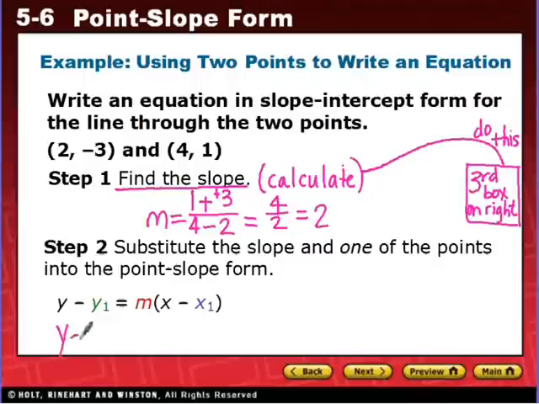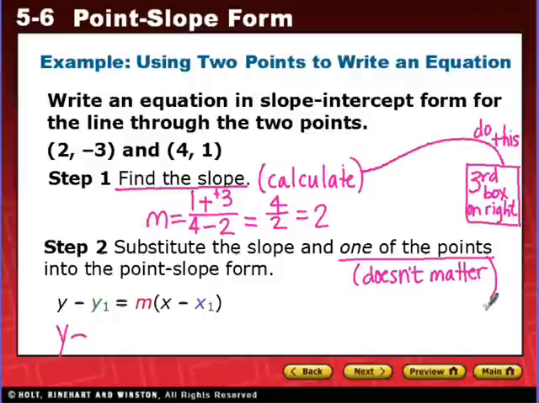Y minus, okay, pick either point. You should be writing this one down either on extra paper or on the bottom of page 71 if you still have room. Okay, either point. Doesn't matter which. I usually choose the one that seems simpler, like the one that doesn't have any negatives in it. That's my favorite one. So I'm going to choose 4, 1.